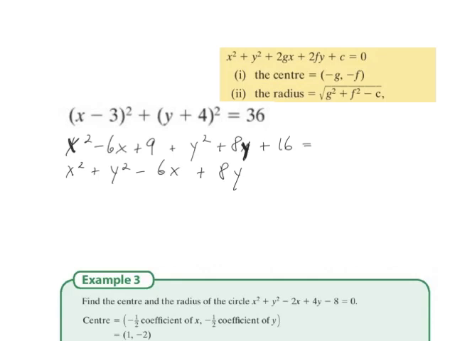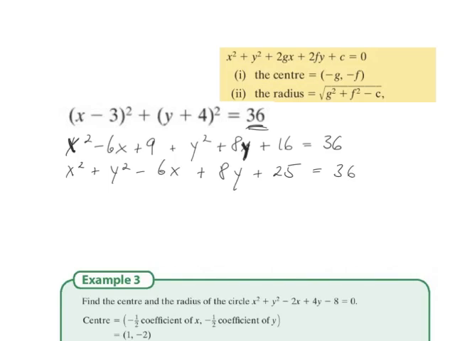This is 36. So x squared plus y squared minus 6x plus 8y. Now I add my two constants together. 9 plus 16 is plus 25 equals 36.